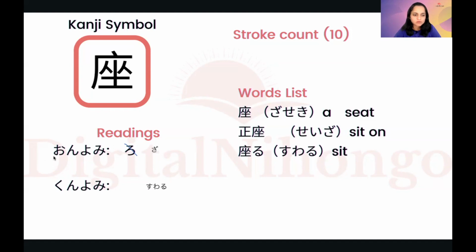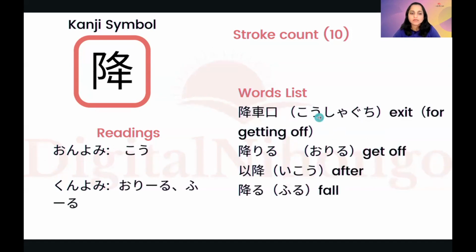The verb to sit. And the last one is oriru or furu or ko. Orimas, to get down. It's the opposite of noru. Okay. Koshaguchi is exit for getting off. Kosha is getting off of the train or bus. Okay.